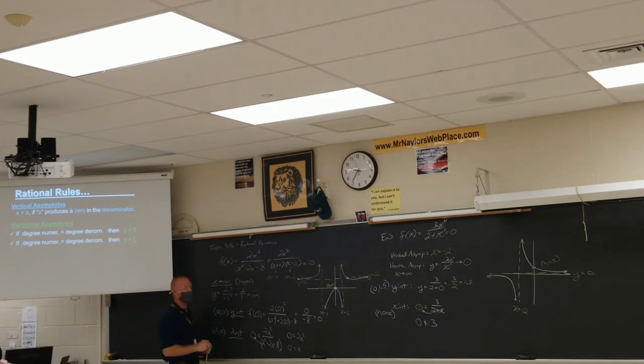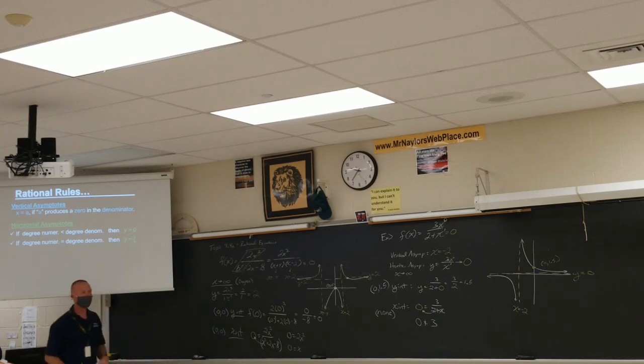The first problem we did, the one you did as an intro over the weekend, the x squareds, the degree, were equal. When the degrees are equal, you're able to, really simply, take the coefficients, 2 and 1. The coefficients, 2 over 1, create my horizontal asymptote. When the degrees are equal, it will work that way every time.